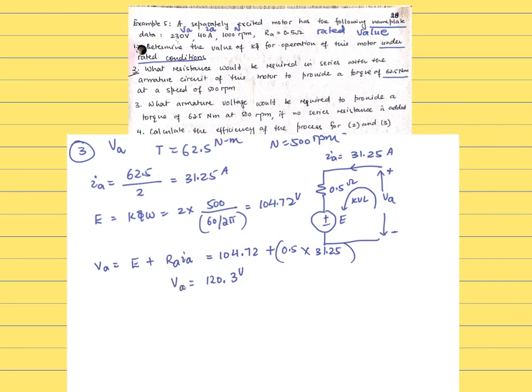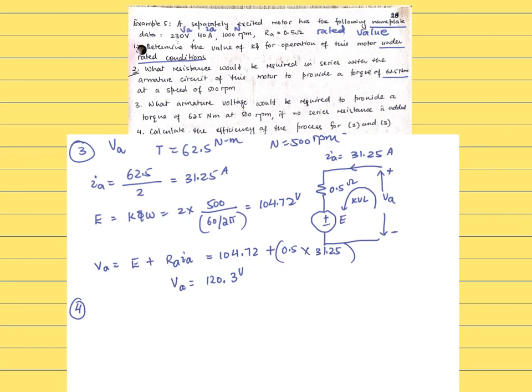So this is the armature voltage control. Part 2 was the armature resistance control. Part 4 is comparing whether part 2 or part 3 is more efficient, and we're expecting part 3 to be more efficient because it does not involve any resistance.